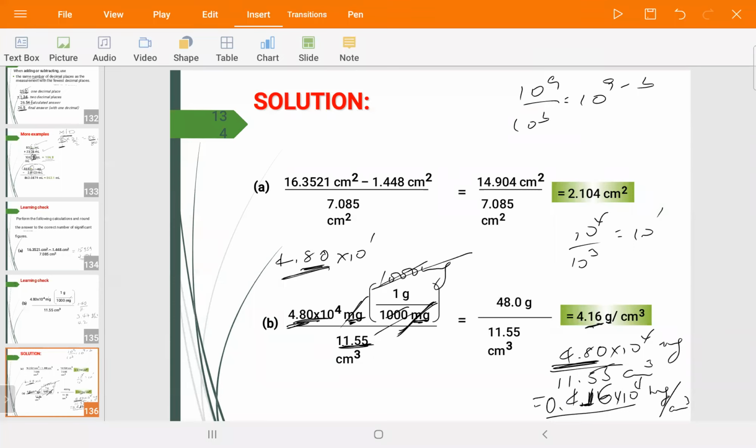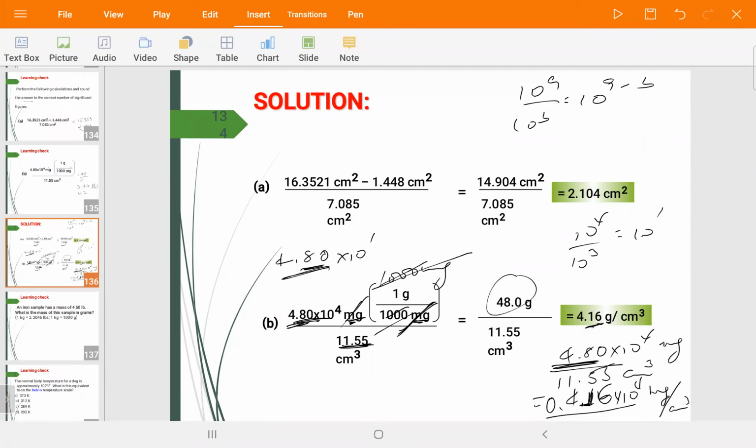Again, what you should remember is your answer should contain the same number of the fewest significant figures መሆኑን ብቻ ማስታወስ አለባችሁ። ስለዚህ እዚህ ጋር 3 ስላለ 3 ነው መሆን ያለበት። am I clear?